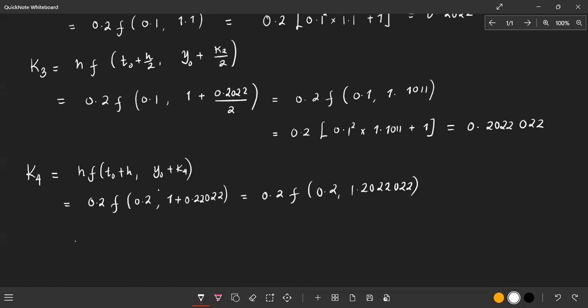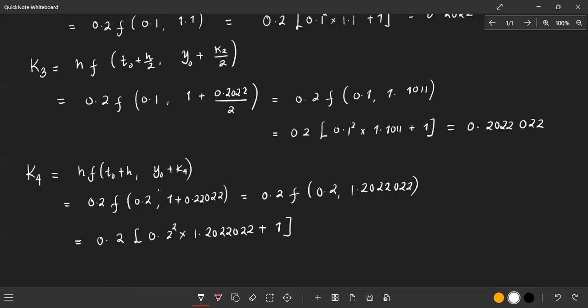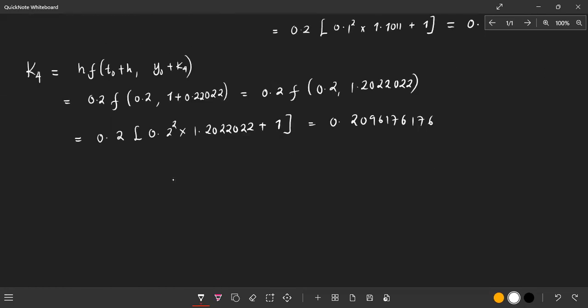Okay, and if you substitute this in the function, in place of t you substitute 0.2, so 0.2 squared, in place of y, which is 1.2022022, plus 1. We have the 1 here from our function given, right? So this evaluates to 0.2096176.